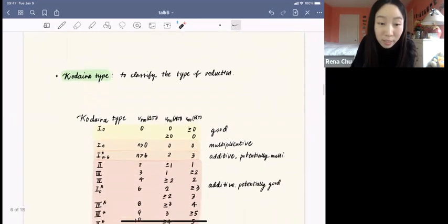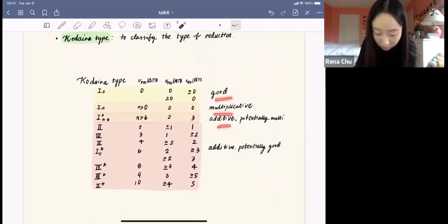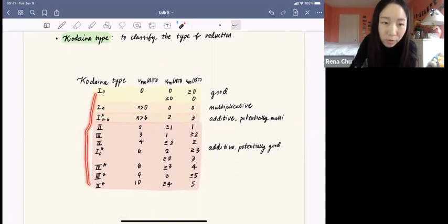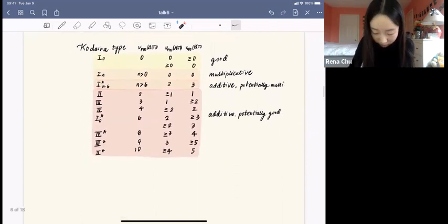And we can see that the Kodaira type here is much finer than what we usually have as the good, multiplicative, and the additive. We see that here the Kodaira type is represented by these Roman numerals over here, and we'll see them as well later on when we talk about the root number.